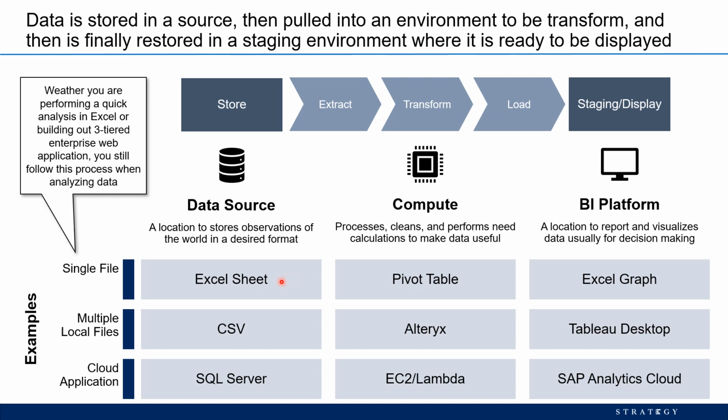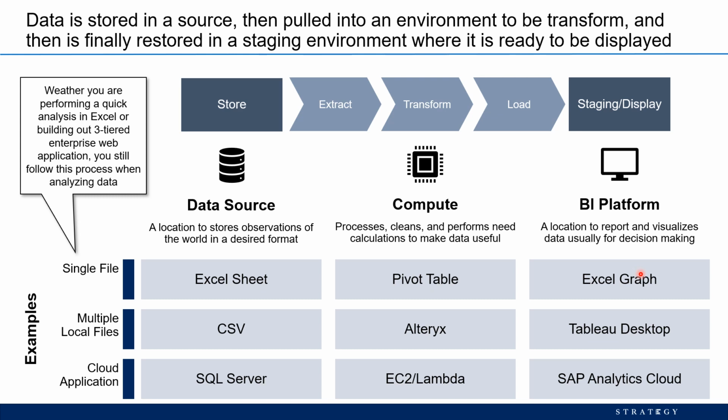I will then put that sheet into a pivot table. I'm extracting the data from the sheet into a pivot table, and then I'm using the pivot table to transform and manipulate the data to get it in a format that I want it to be in. And then once I'm done with my pivot table calculations, I'll then load that into an Excel graph that then displays the output of my analysis.